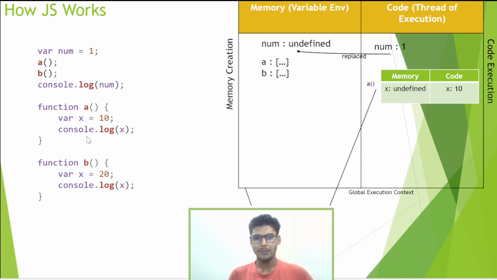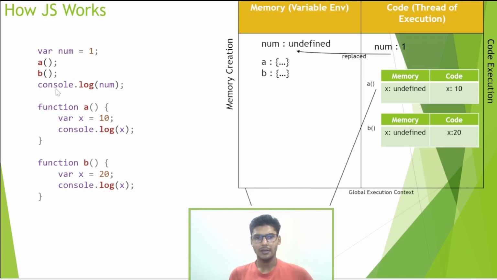Now after consoling the value for a, this execution context for a will be erased from the code execution, as well as the call stack value, the a that was pushed here will also be erased. So you can see this got popped.